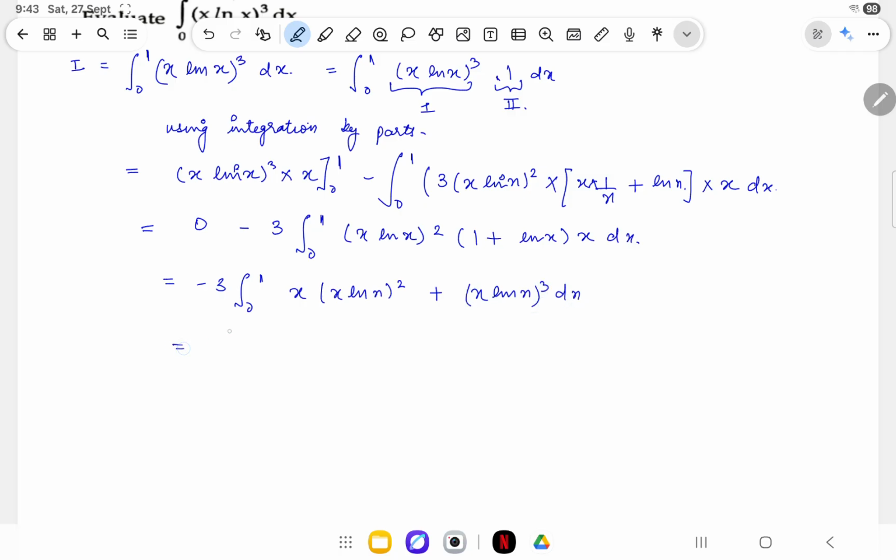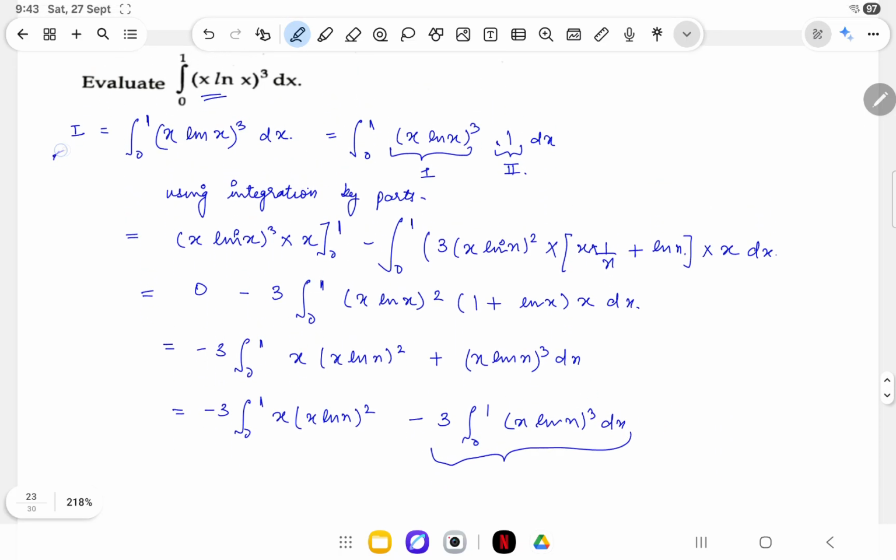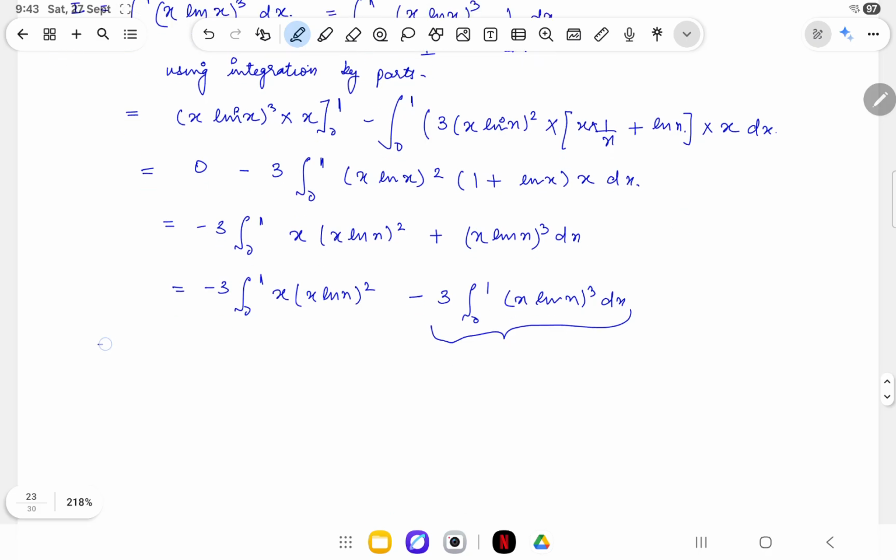Now I can write it as minus 3 integration from 0 to 1 of x into ln x square, minus 3 integration from 0 to 1 of x ln x cube dx. Now you see that this is the value of the integration that we are supposed to solve, and we assumed it to be I. So it reduces to I equals minus 3 integration from 0 to 1 of x ln x square dx minus 3I.